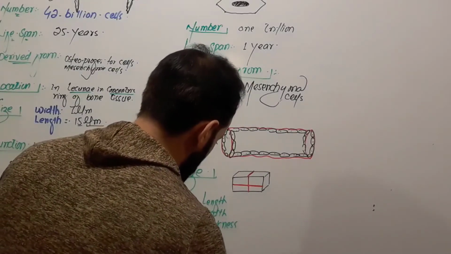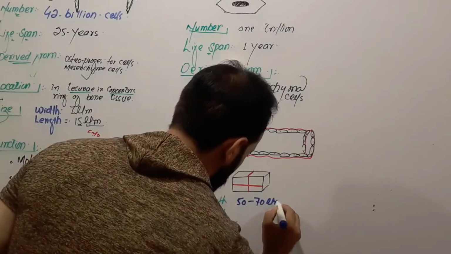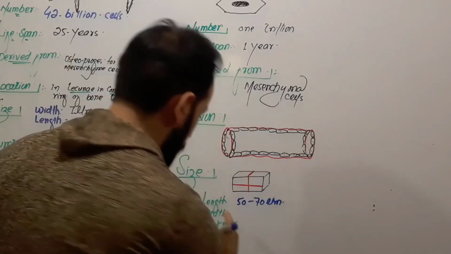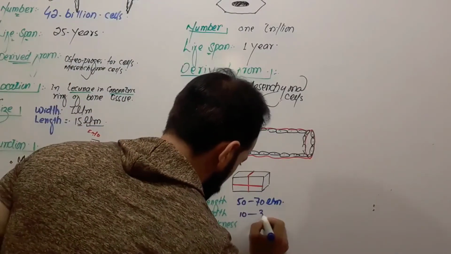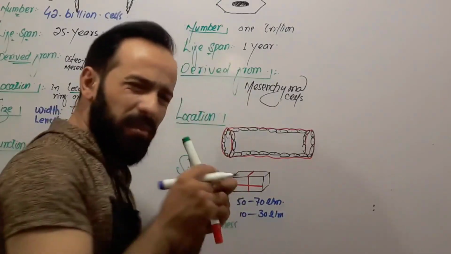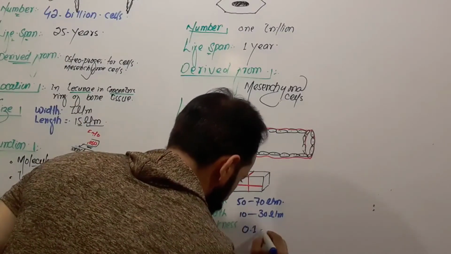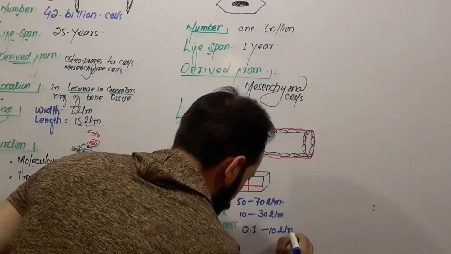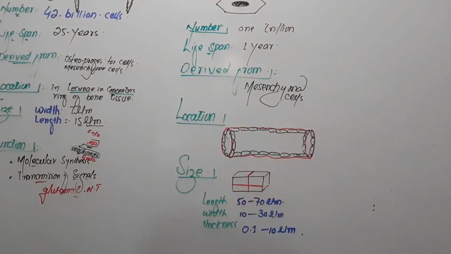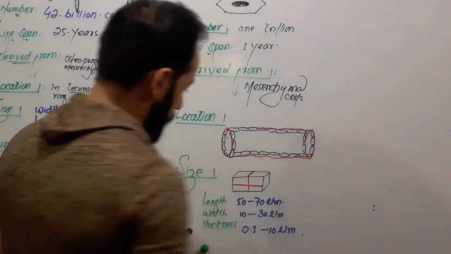The length of the cell is about 50 to 70 micrometer, and the width is about 30 micrometer. Their thickness is about 0.1 to 10 micrometer. So this is the size of this endothelial cell.